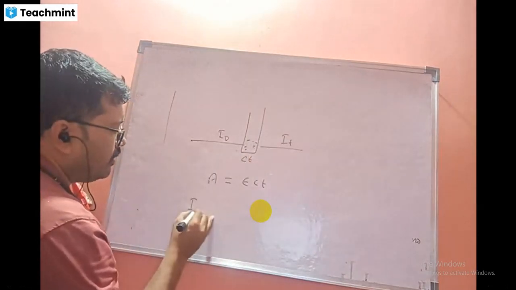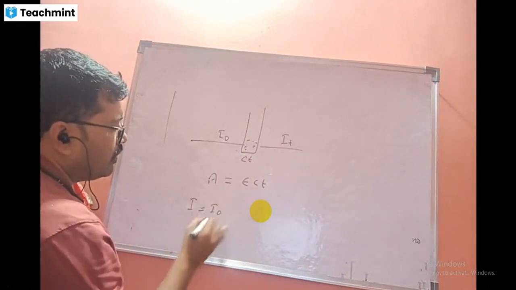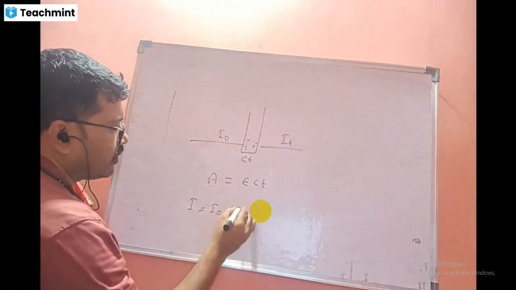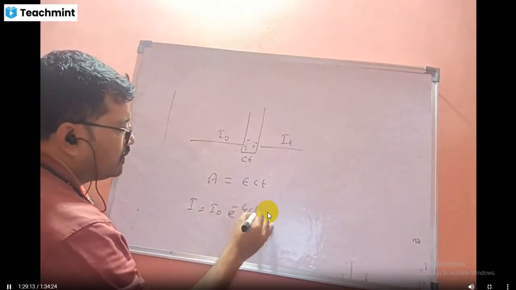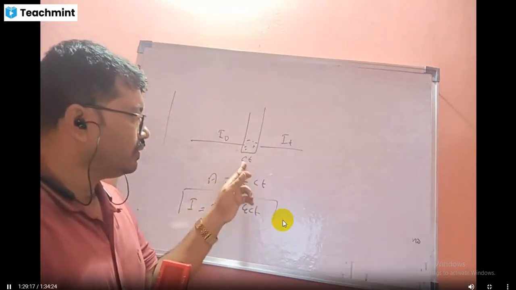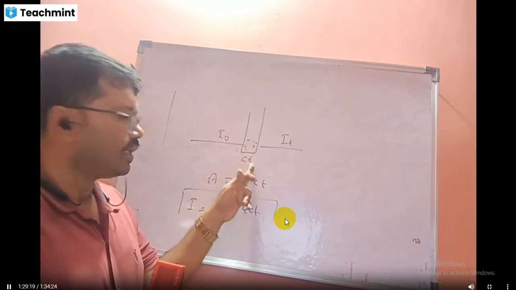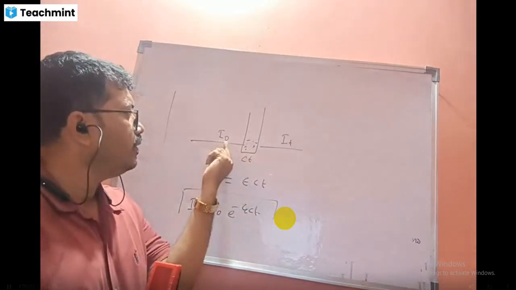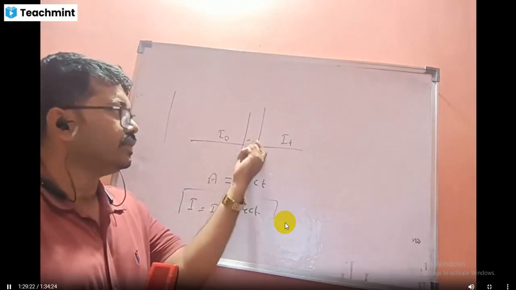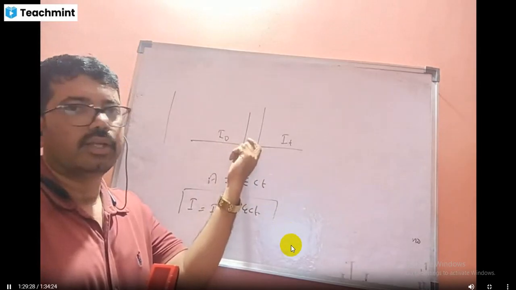So I is equal to I naught times e to the power of minus epsilon C T. Incident light decreases exponentially with concentration and thickness of the cuvette.